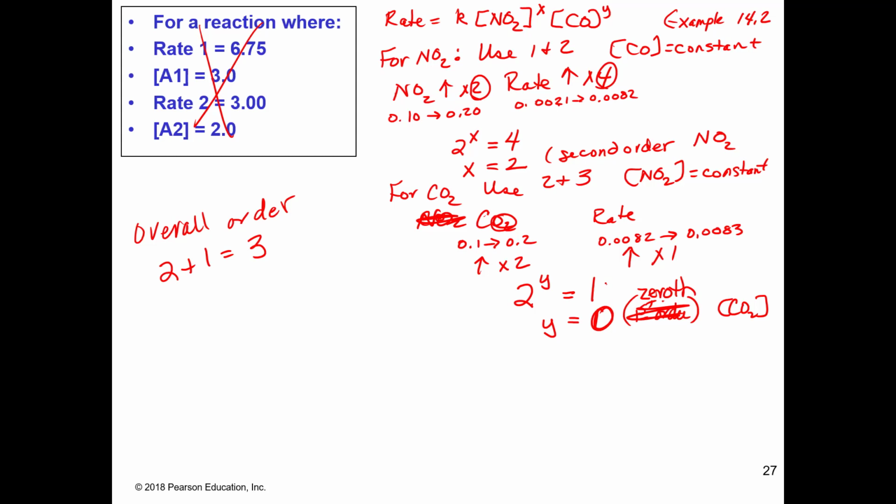If I raise 2 to the first power, it'd be 2. Some of y'all were in there. I know Deshaw, if he's listening to this, he caught that. So the overall is 2 plus 0, which is going to equal second order overall. Sorry about that, guys. Long day. All right. So now to find the rate.